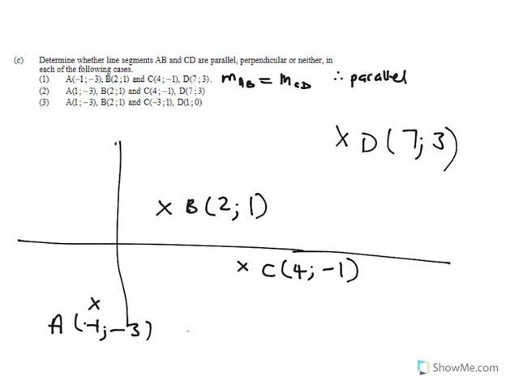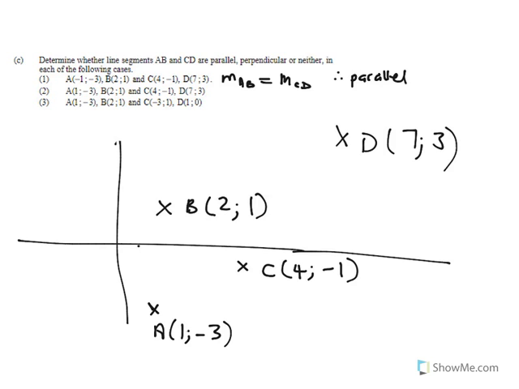Okay, right, and then the next one, we've got A at (1, -3) now, so we're going to move that up. So A is now over here, and B is in the same place, C is in the same place, and D is in the same place.